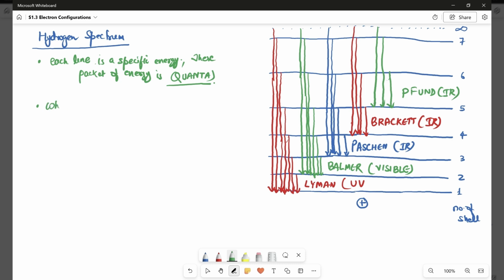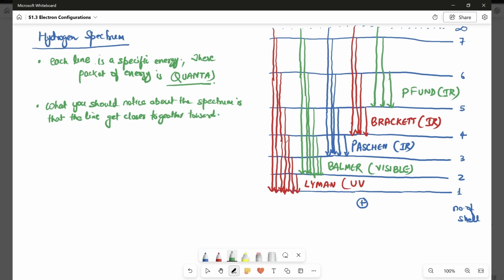What you should notice about the spectrum is that the lines get closer together towards the blue end of the spectrum.